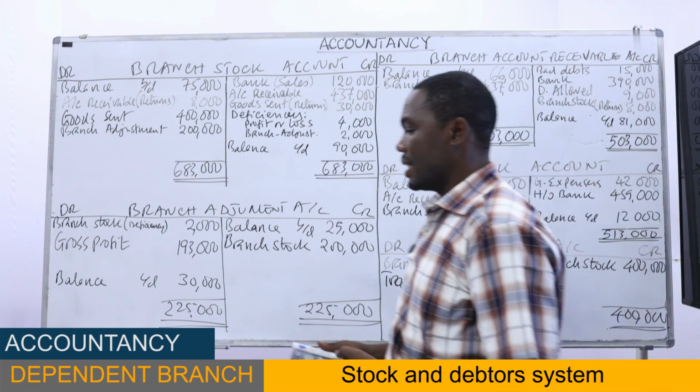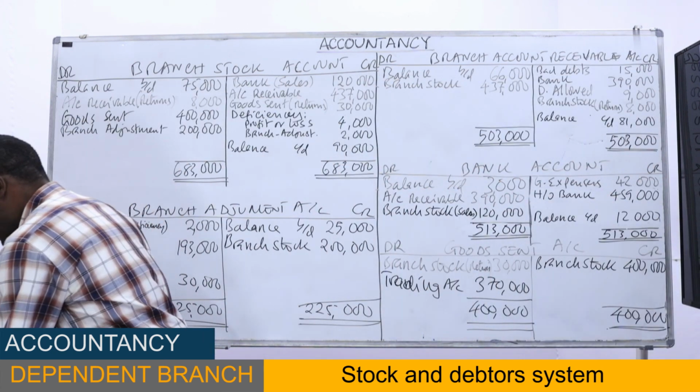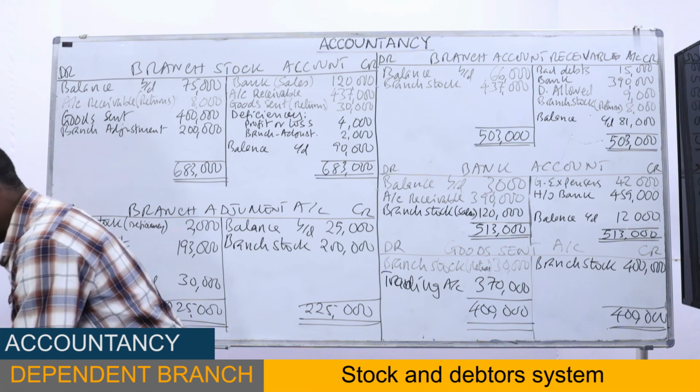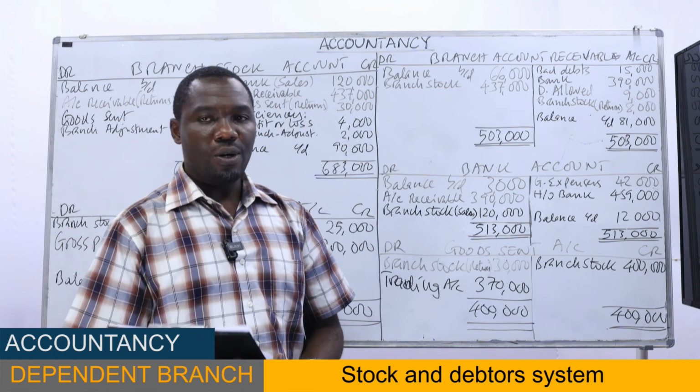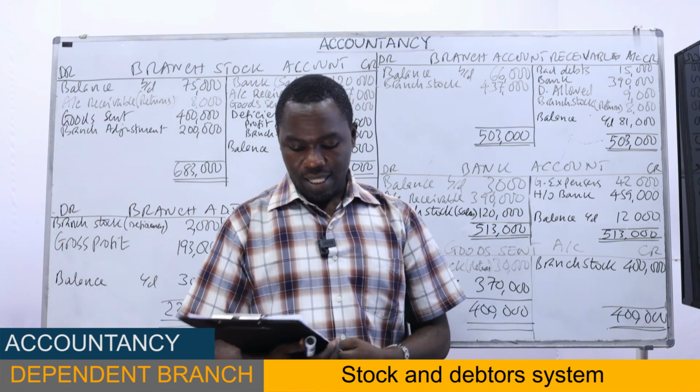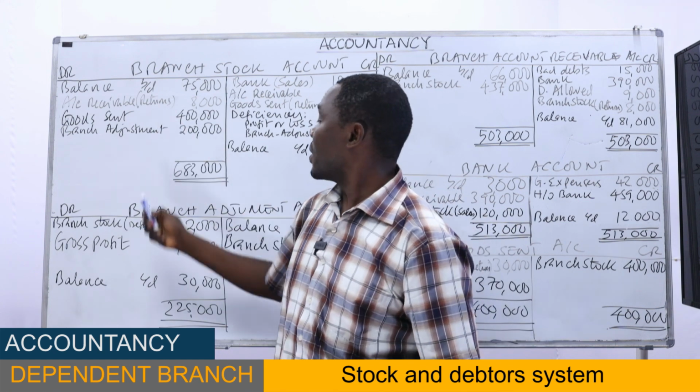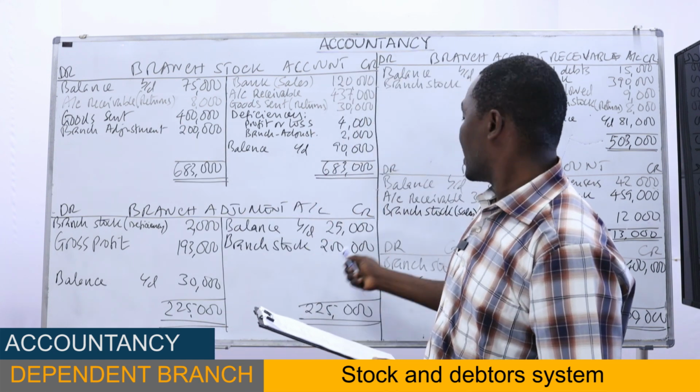So for the required equation, this is the end. We have opened up all the required accounts. That is branch inventory, goods sent, it is here.